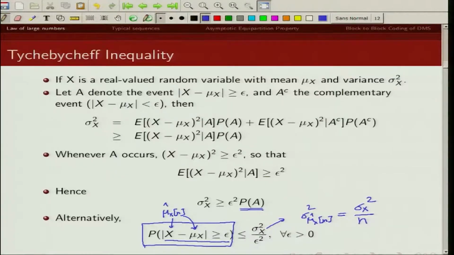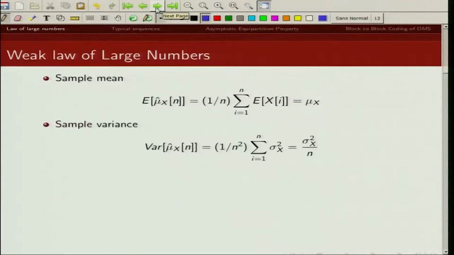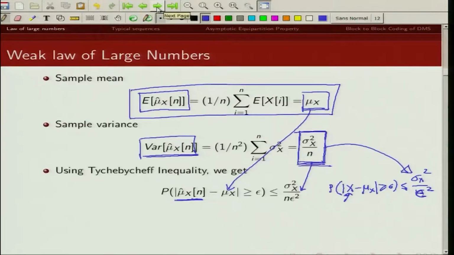So if you plug these values into this expression, what we get is this: the probability that the absolute difference of mu hat of x minus mu x is greater than or equal to epsilon is upper bounded by sigma x square by n epsilon square.